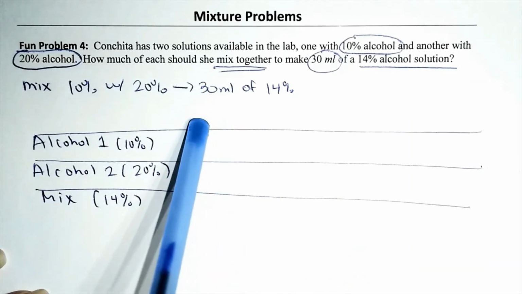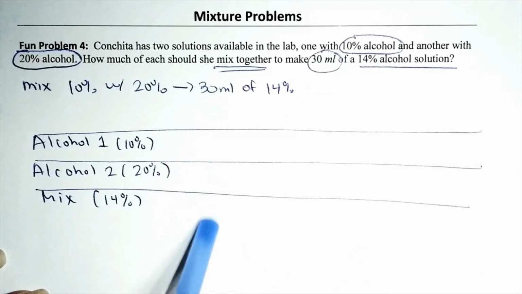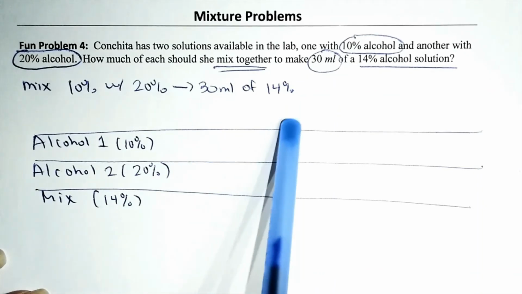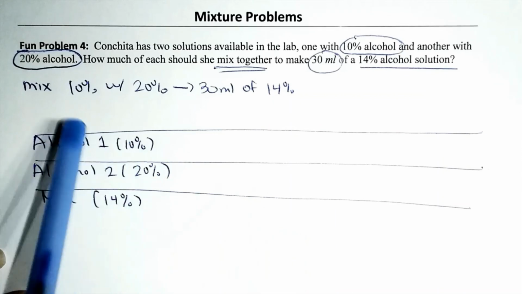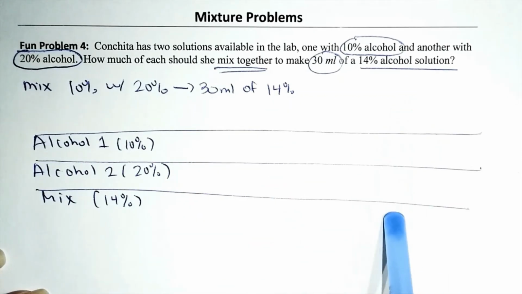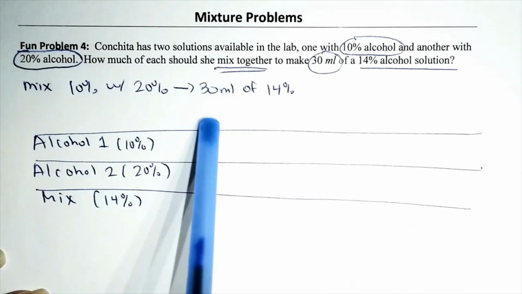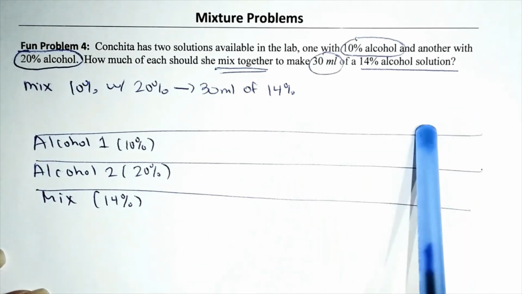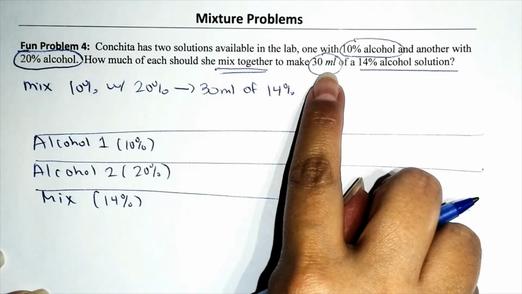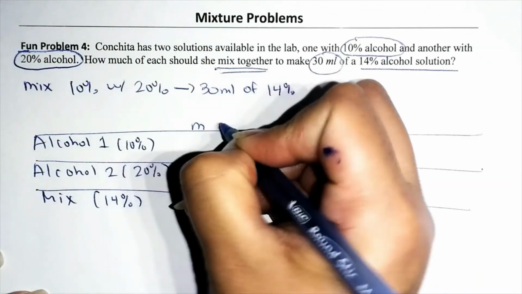The first one is the total volume. If we're looking at liquid, total volume. The next one is the strength, so percent, in this case percent alcohol, and the third one is how much pure alcohol we have. So total, percent, pure. The units are milliliters.